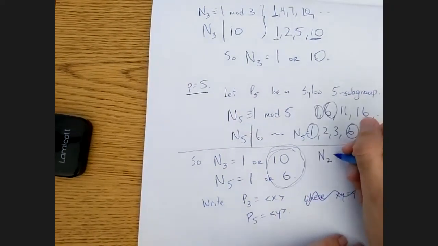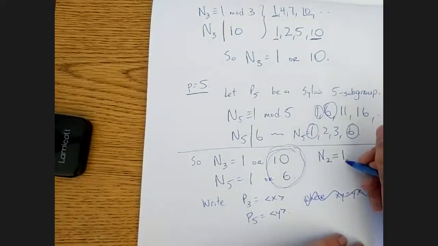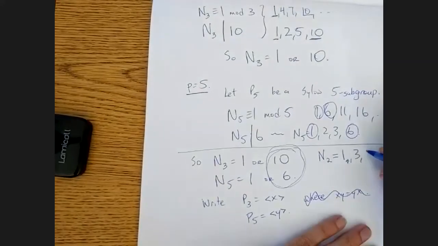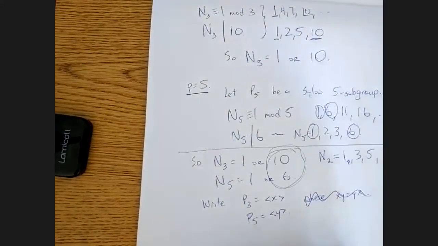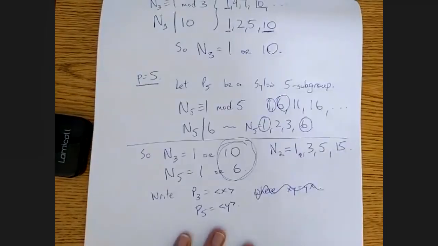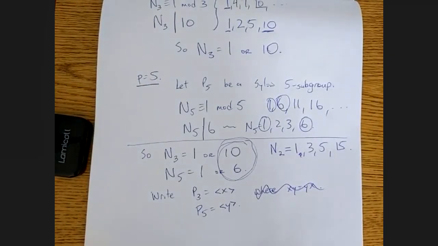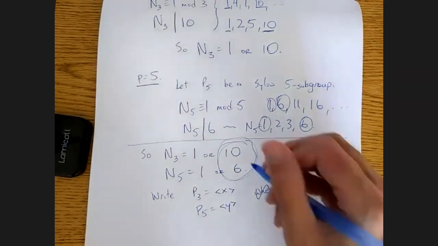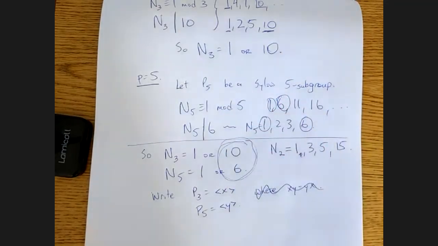The reason I didn't mention N2 is that the two restrictions didn't restrict the possible values of N2 at all. N2 is usually just more trouble. So let's try to exclude these two possibilities.